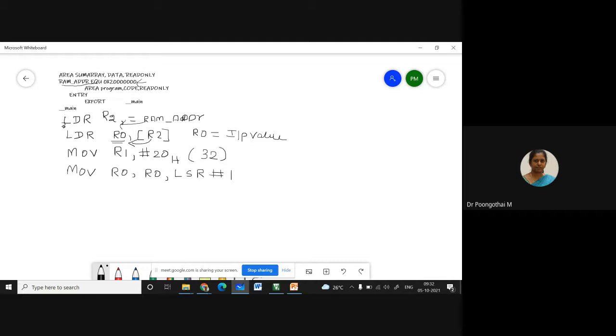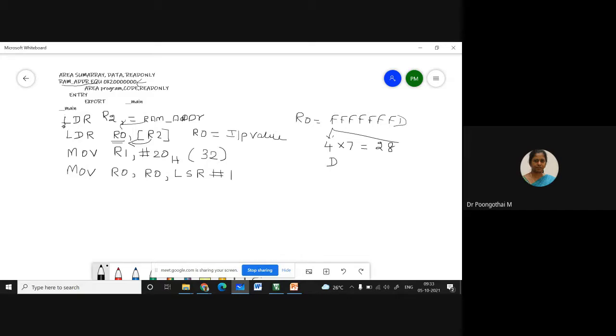So what will happen after execution? See, for example, your R0 holds this particular value, FFFF. We find out the number of zeros and ones for this particular number. So F means it contains 4 ones. So 4 into 7, how many ones? 28.